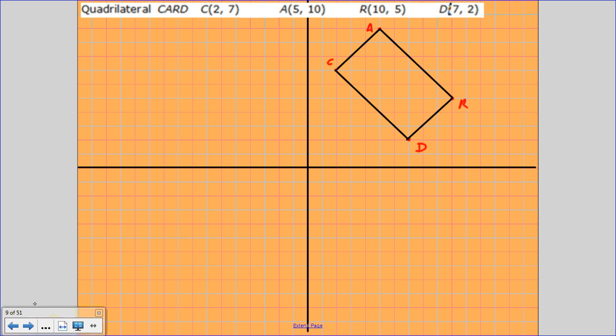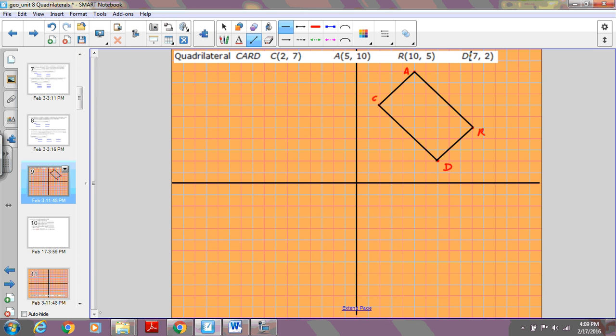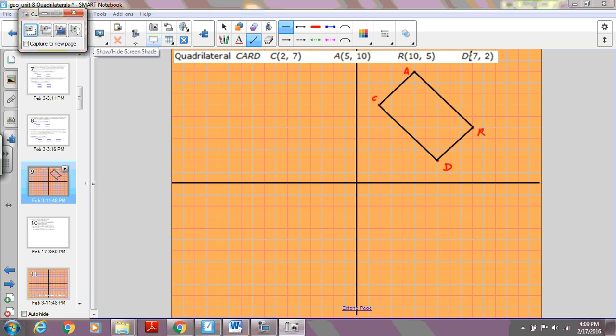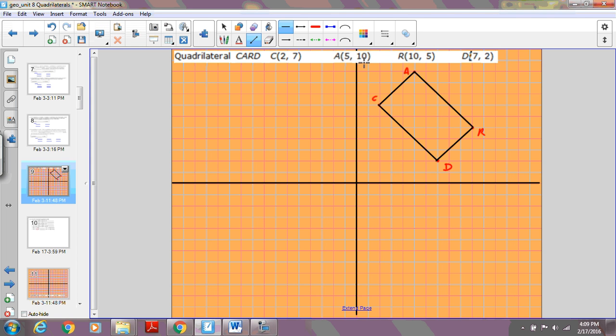And we mentioned earlier that CARD was a rectangle. I'm going to take a picture of this so that I can use it for the next part of the lesson.